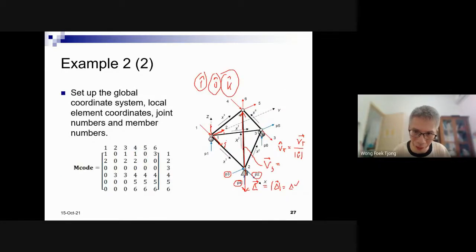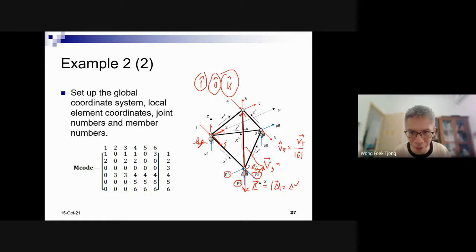On the left end, this is what I call the left end. Left means the beginning of this coordinate. Right end means this is the beginning, this is the end, right?